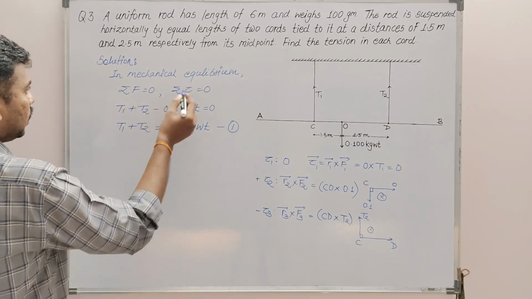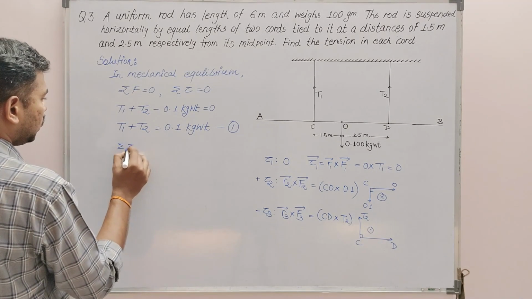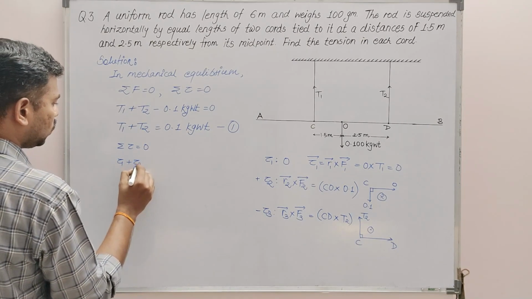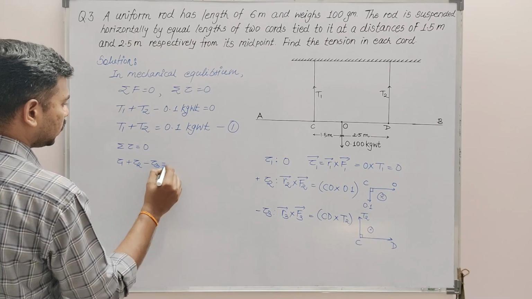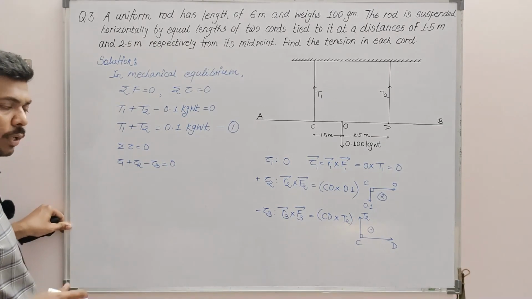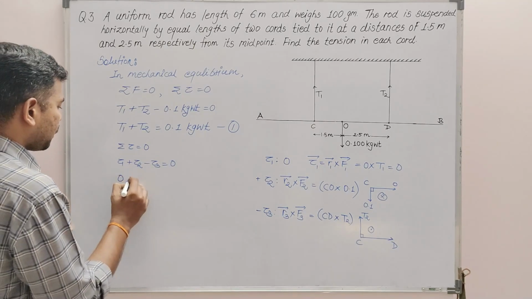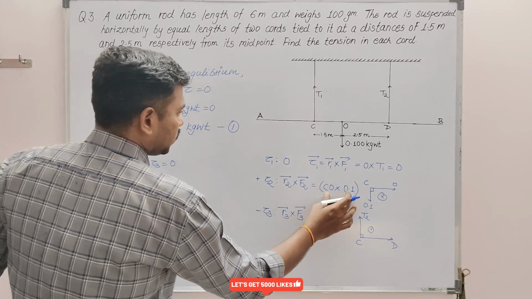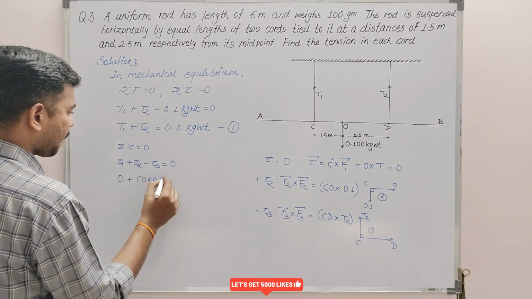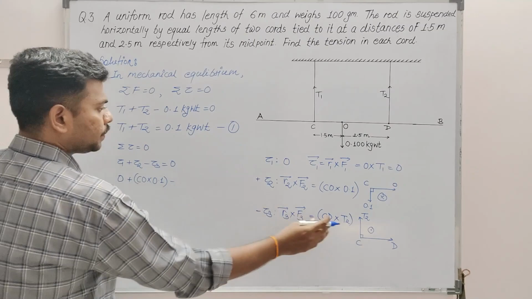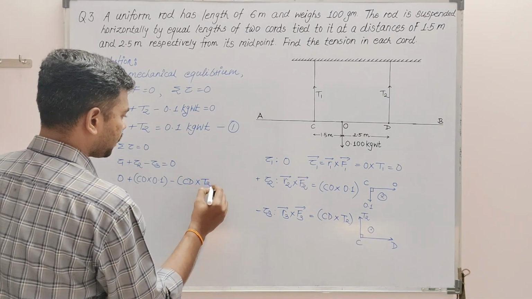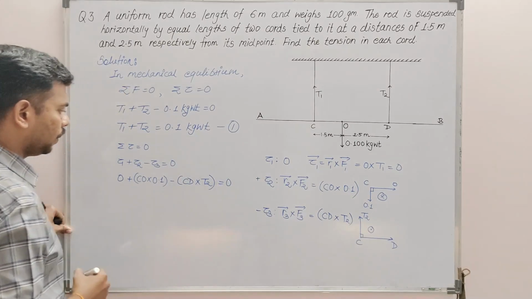Now come to the equation again. As the total torque is 0, it means torque 1 plus torque 2 minus torque 3 is equal to 0. As we know torque 1 is 0, there is no need to worry about its sign. So 0 plus torque 2, which is CO into 0.1, minus CD into T2, is equal to 0.